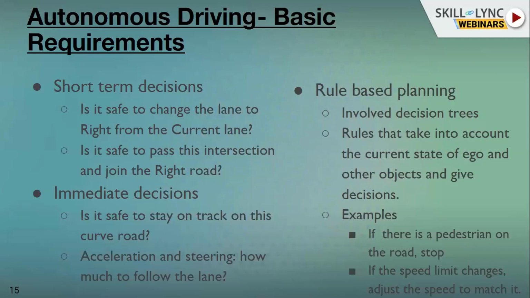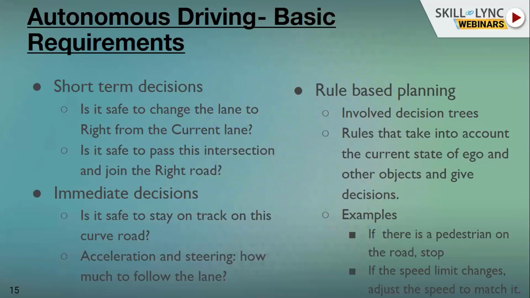So in order to achieve these short-term decisions, after the decision we have to plan to satisfy these decisions. So we have a lot of planning. One is rule-based planning, which involves decision trees. Decision trees means we put in a lot of decisions, and based upon the decision outcomes, we follow the planning along different tree branches.